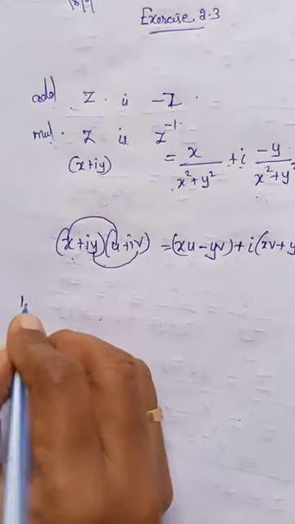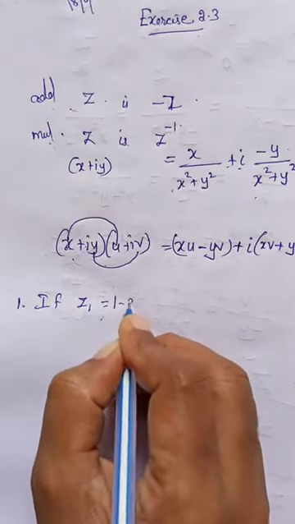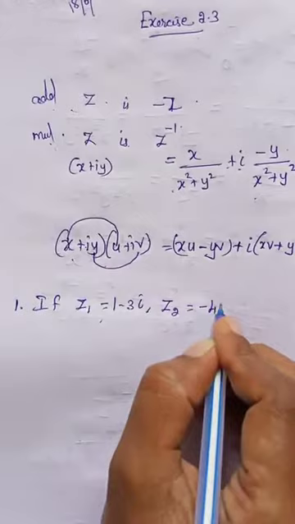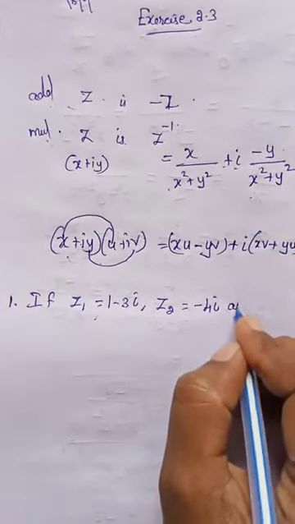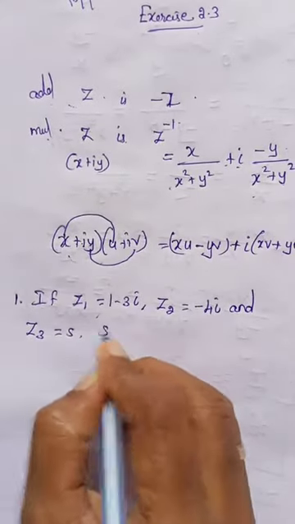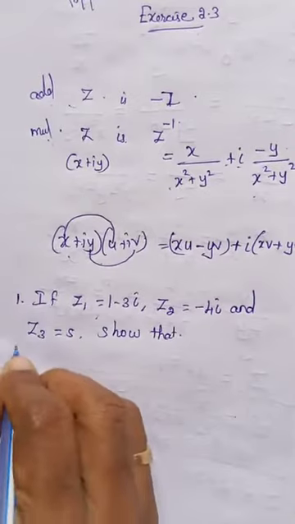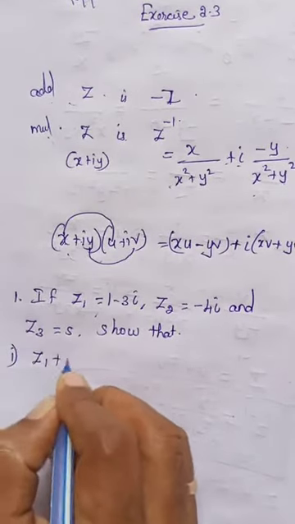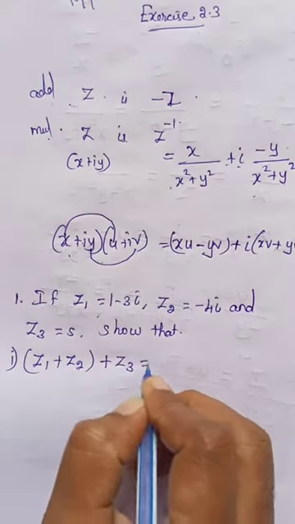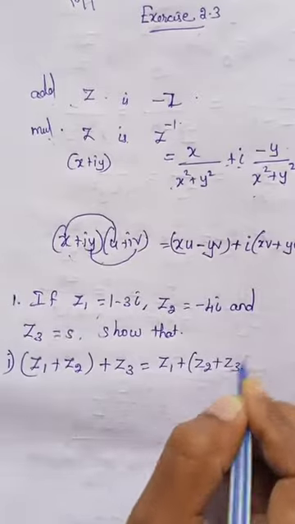See the first problem. If Z1 is equal to 1 minus 3i, Z2 is equal to minus 4i and Z3 is equal to 5, show that subdivision 1: Z1 plus Z2 plus Z3 is equal to Z1 plus Z2 plus Z3, with the brackets grouped differently on each side.